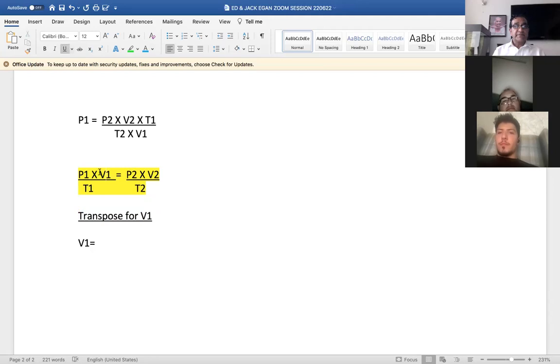Now we said that's V1, so the other side still remains the same. Right, so that is still P2 times V2, underline that.